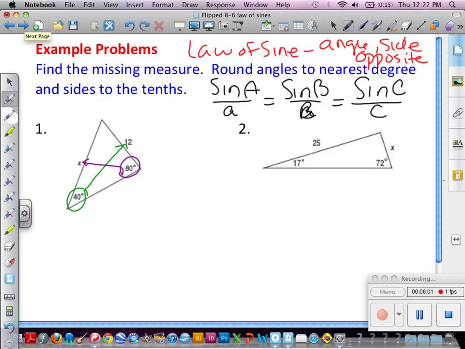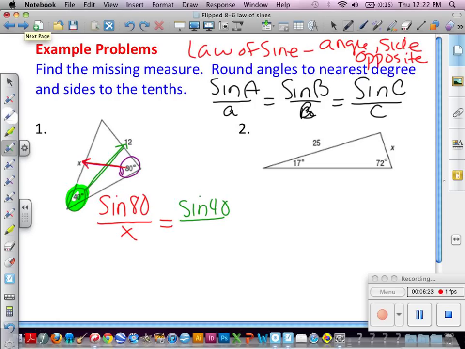So I'm going to take my sine of 80. Underneath it goes the side opposite, which is x. I'm setting up a proportion, equals my other angle is 40. So I'm going to go sine 40 and then take the side opposite, which is 12.